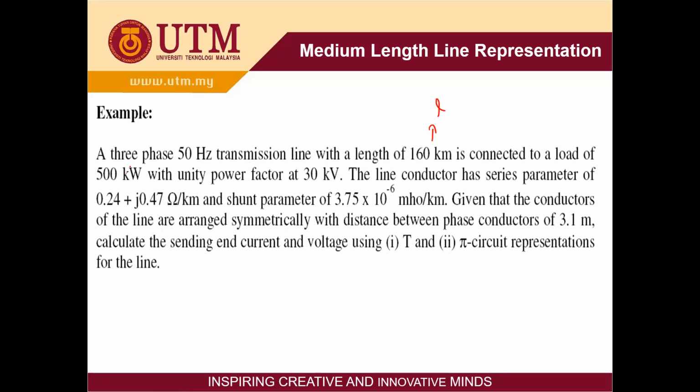The power at the receiving end is 500 kilowatt, while the voltage at the receiving end is VR equal to 30 kV, with an angle of 0. Because we always refer to the receiving end as our reference. But this one is a V line, so we need to convert into V phase first. So VR phase is equal to 30 kV over square root 3, and the angle is 0.